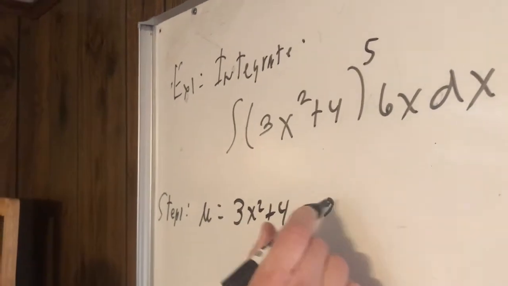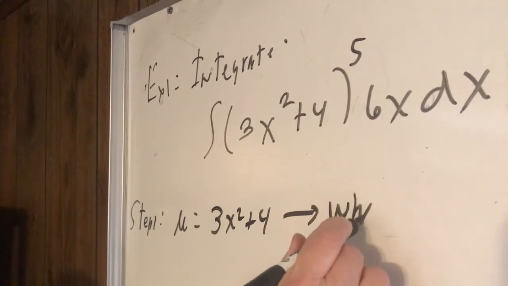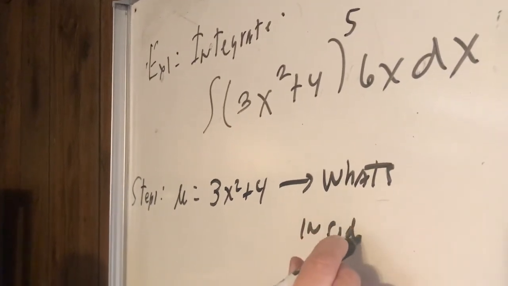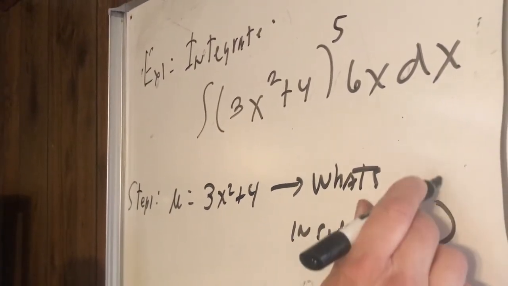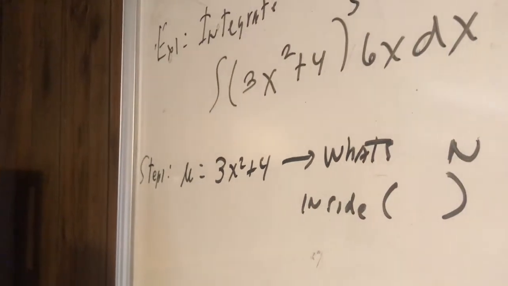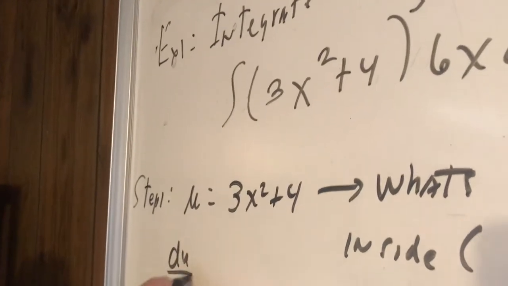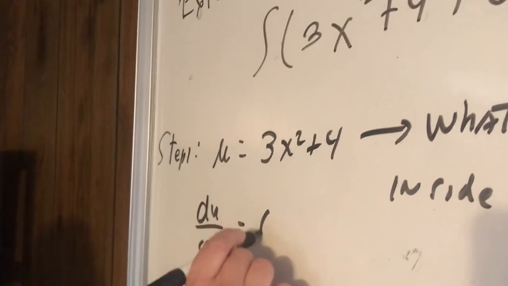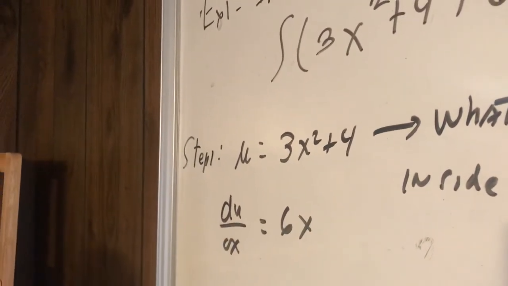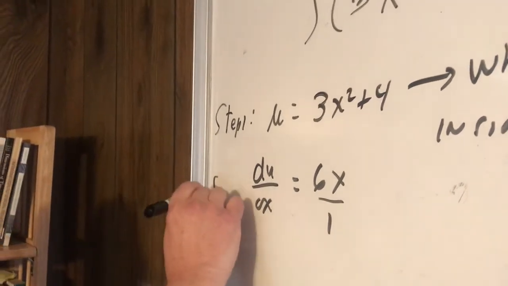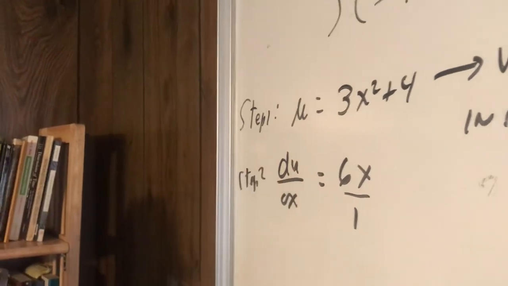Now usually u is what's inside the parentheses, which is raised to a power. Usually. Now du dx is going to equal 6x. What I'm going to do here is the second step, find du dx.